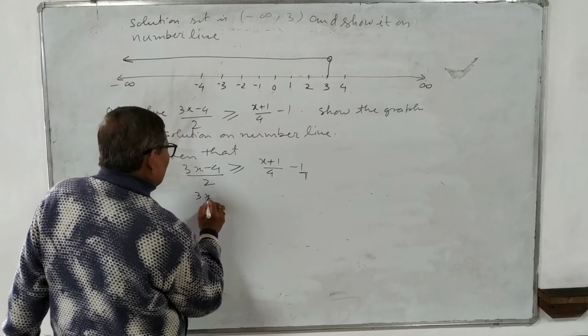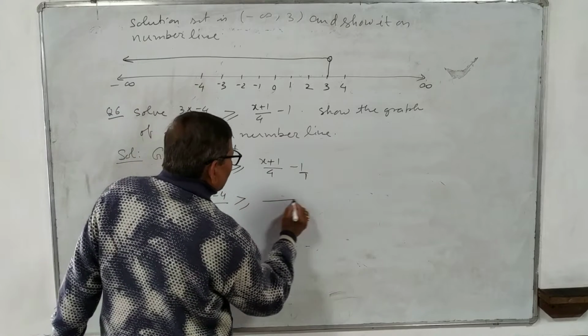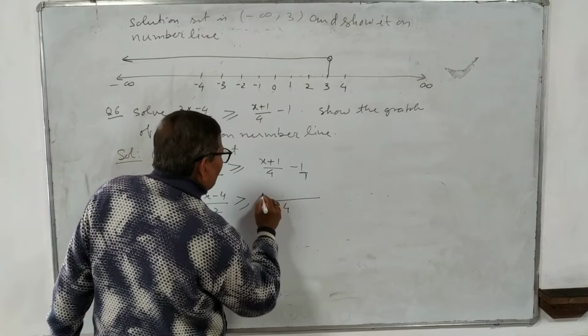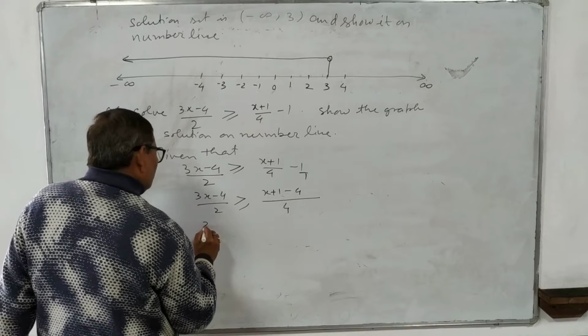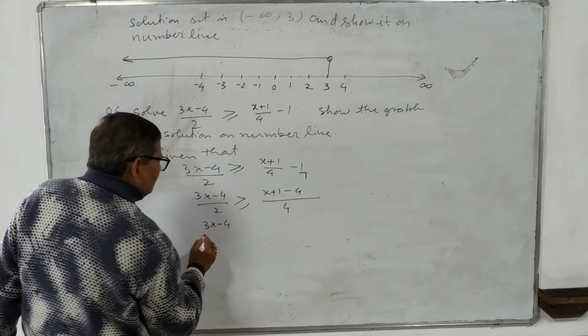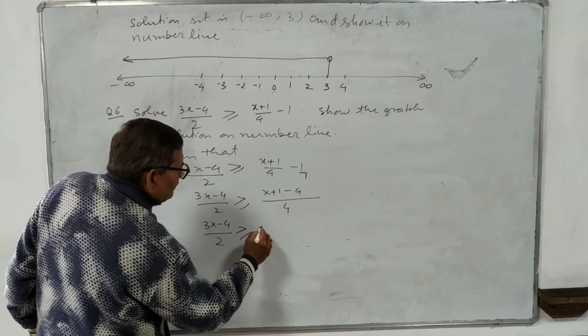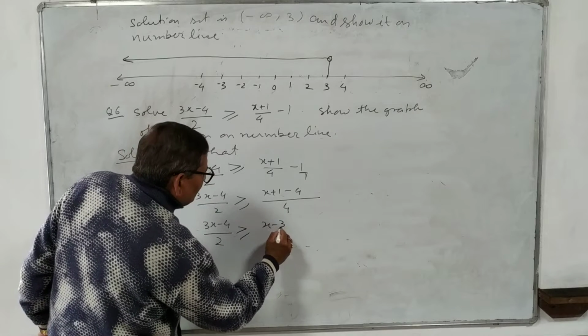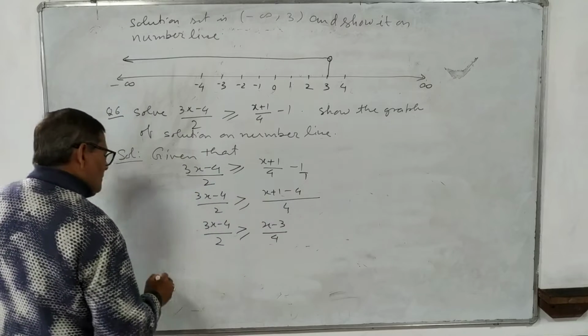You can write 3x minus 4 by 2 is greater than or equal to, your LCM of 4 and 1 is 4, here you can write x plus 1 minus 4. So the simplified form of that is 3x minus 4 by 2 is greater than or equal to x minus 3 by 4, since 1 minus 4 is minus 3.